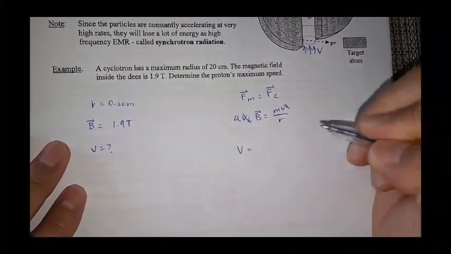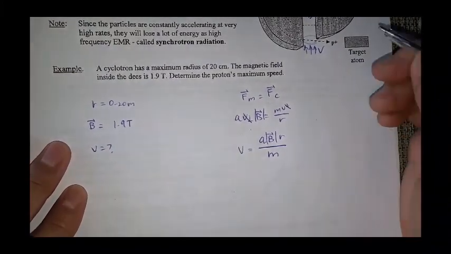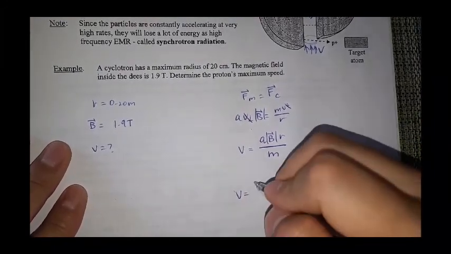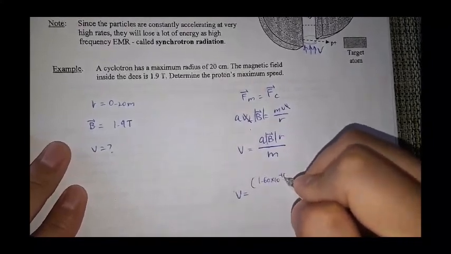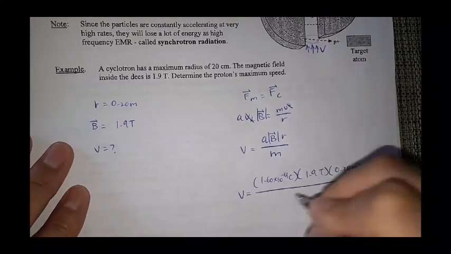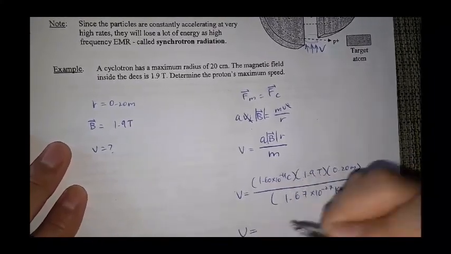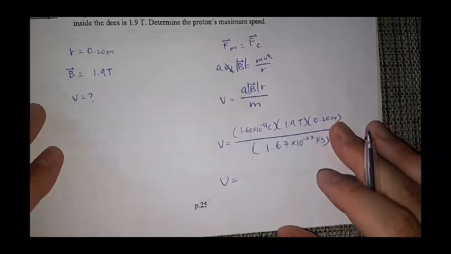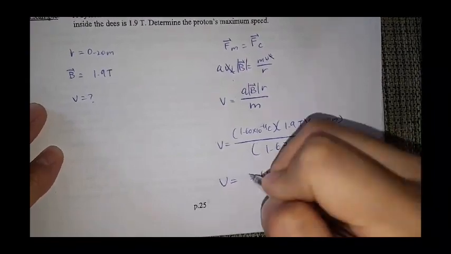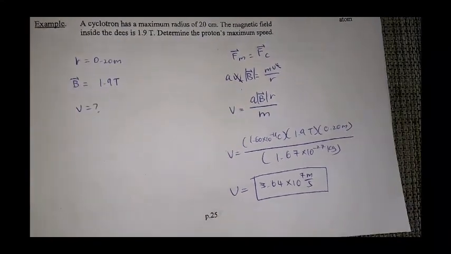Isolate for B. And then we are going to write down every single clue. Then the speed that is reached in that situation will be 3.64 times 10 to the power of 7 meters per second. That's what it is.